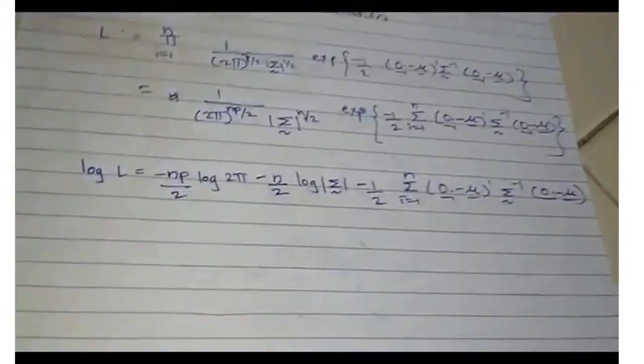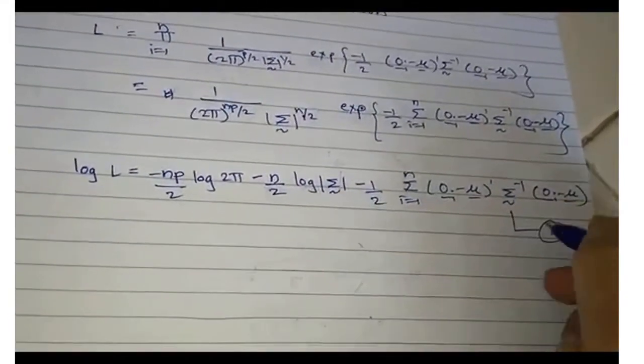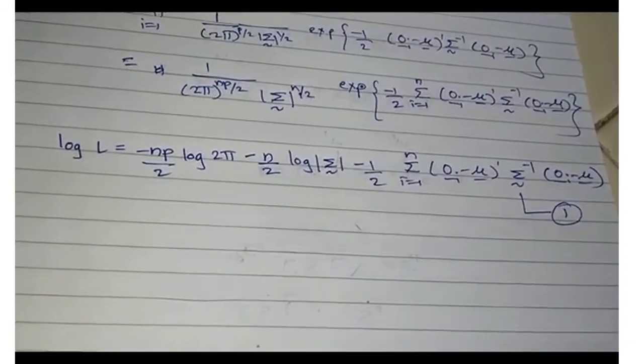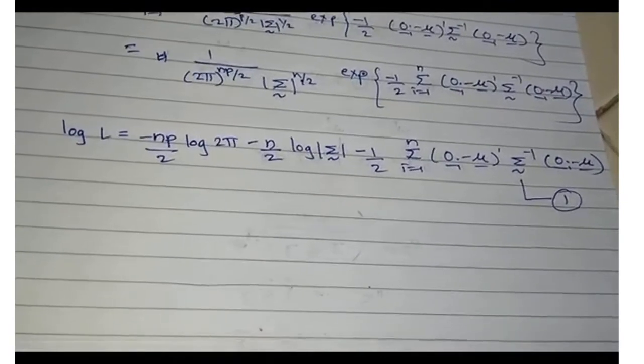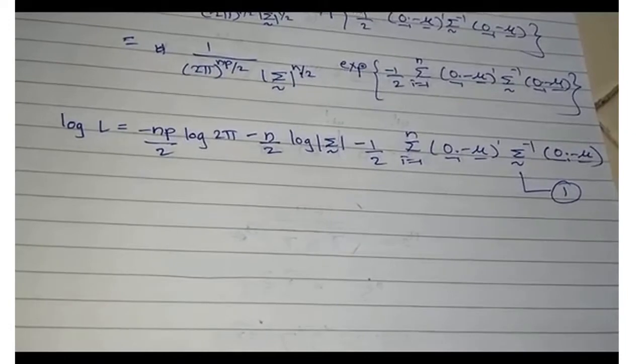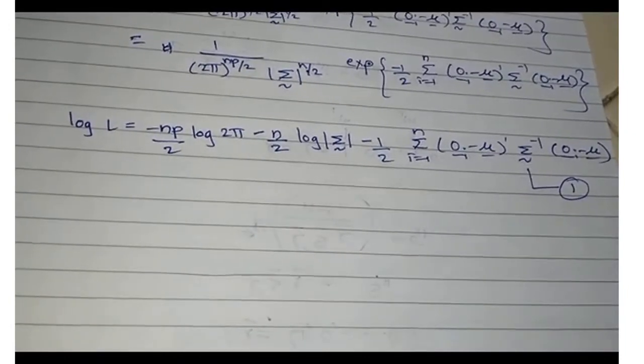So this is my log likelihood. Let me call it 1. We have to maximize this log likelihood with respect to mu as well as with respect to sigma. Remember, mu is a p cross 1 vector and sigma is a p cross p symmetric positive definite matrix.